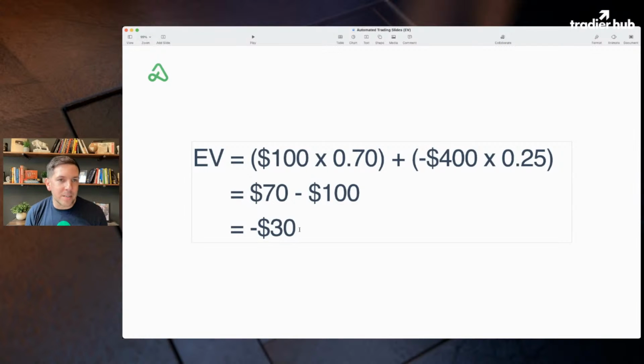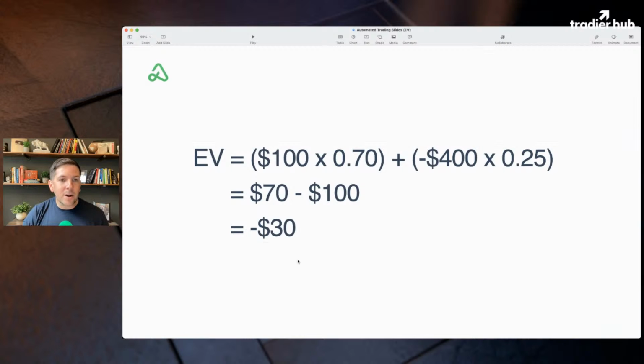Now, I just picked out these numbers. This is not every single trade that's like this. I'm just showing you how the math can work out to be a negative expected outcome for things that on the surface level look like high probability trades. And again, we'll show you real examples using real data as we go through the session today, okay?